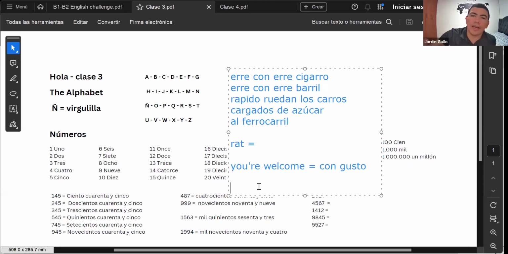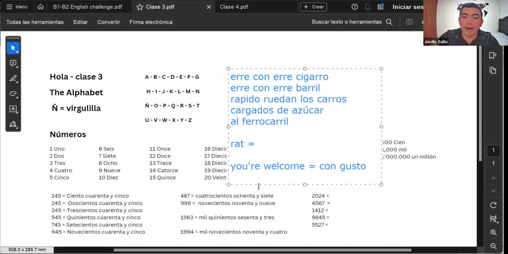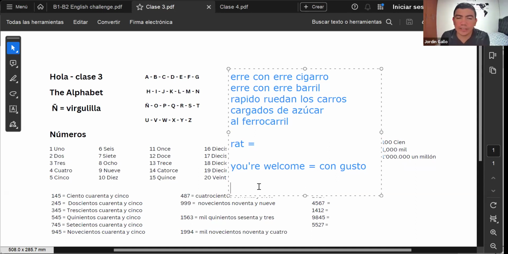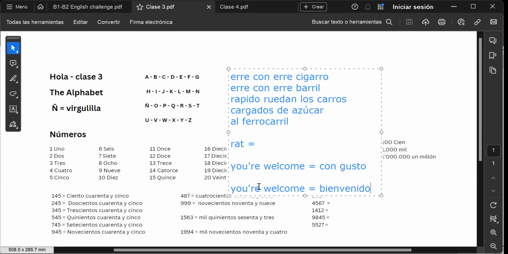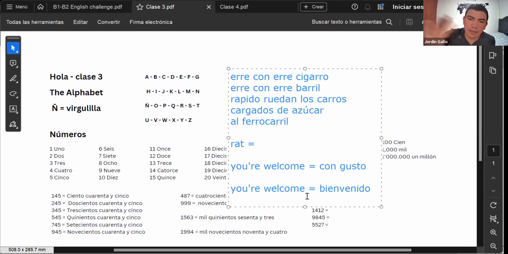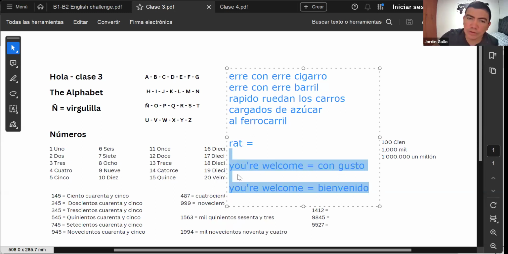I don't know if you guys say you're welcome when you are welcoming a person, but when my Colombian students are learning English, they believe that when I say you're welcome, I'm saying bienvenido, like welcome home. This is curious about Spanish because you use the same word, welcome. So it's super confusing for them.